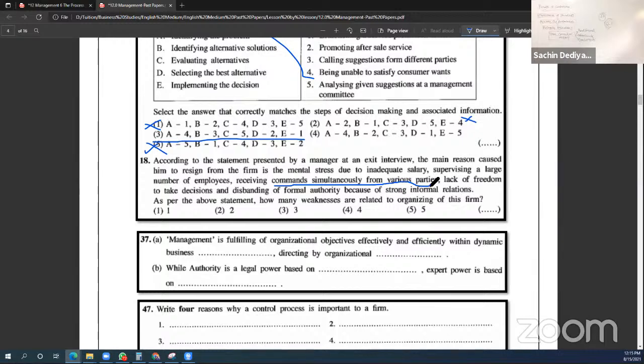The concept of unity of command: you should only receive all the orders or advice or instructions from one manager. So if you receive them from various parties, that's going to be really difficult. Lack of freedom to take decisions and disbanding of formal authority.